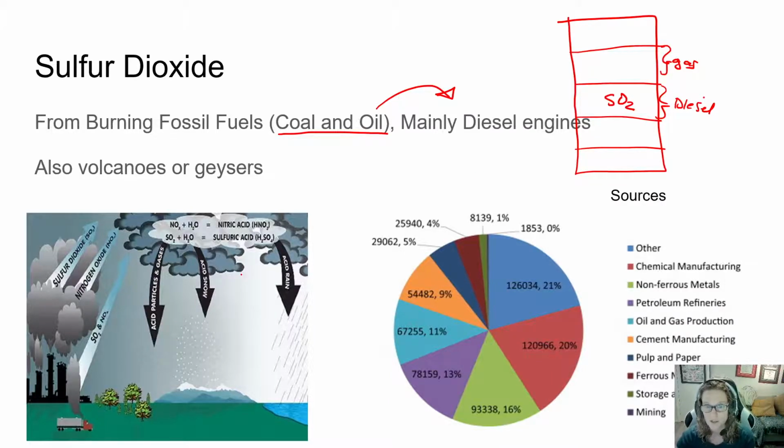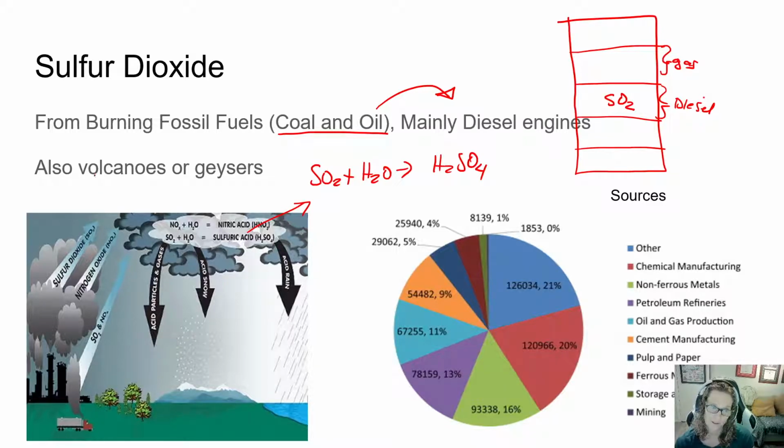So when the big trucks and diesel trains transport all of our goods and services around the world, they're putting a lot of SO2 into the atmosphere, and SO2 reacts with water, H2O, to give us H2SO4, which is sulfuric acid.